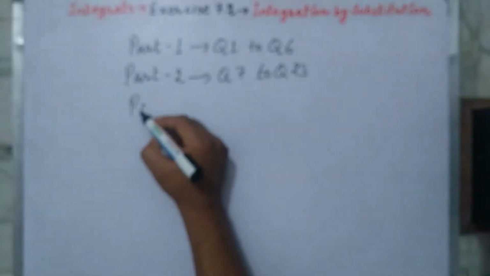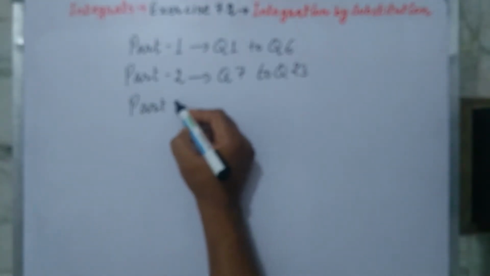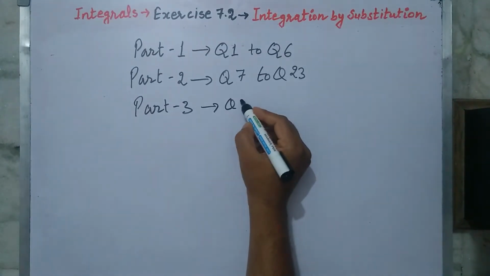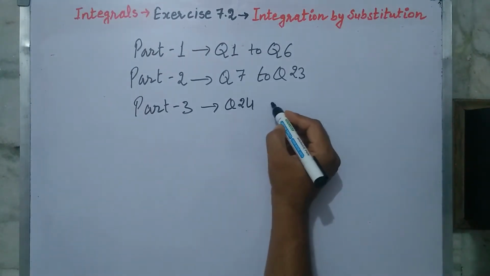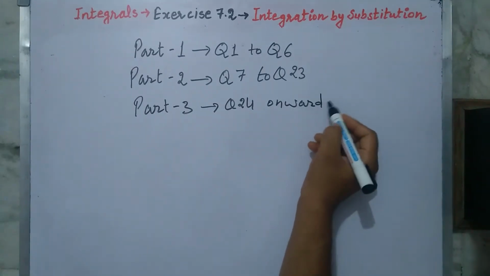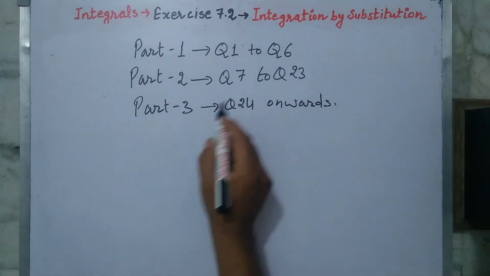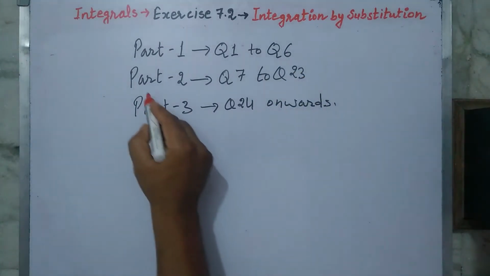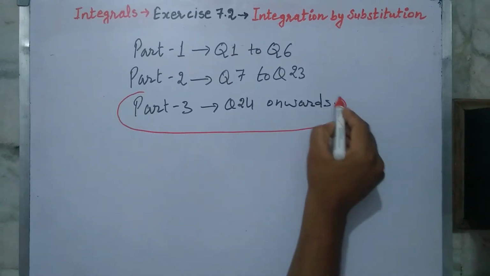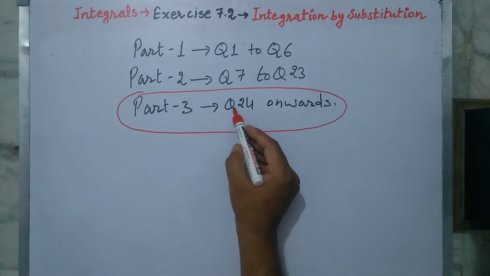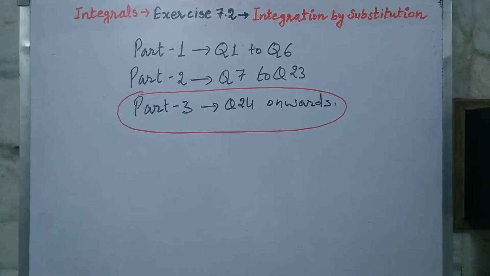Today we have part number 3, question number 24 onwards. So let us start with the new topic. Part number 3 is the topic of the day. We are going to discuss question number 24 onwards.